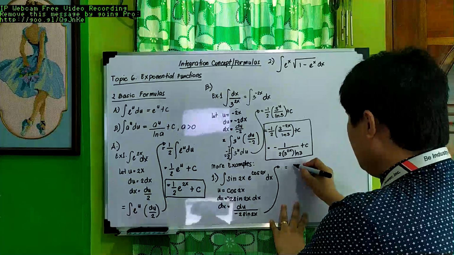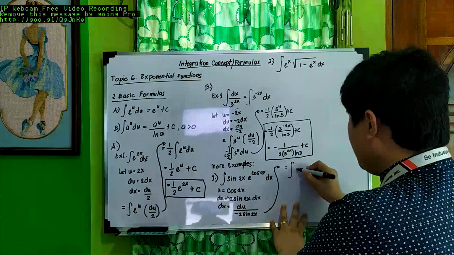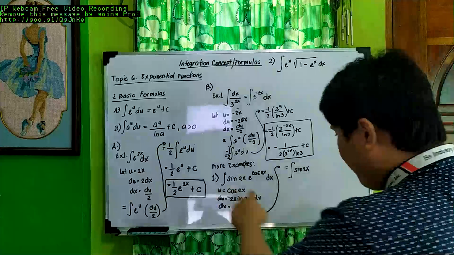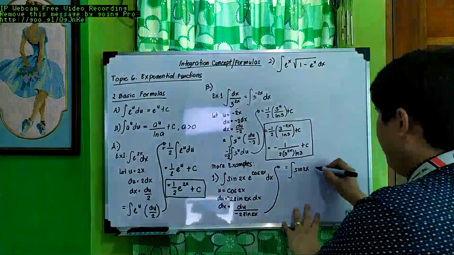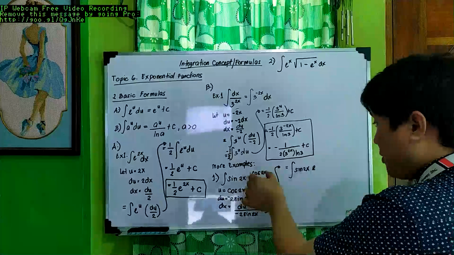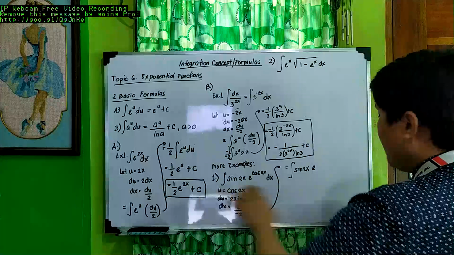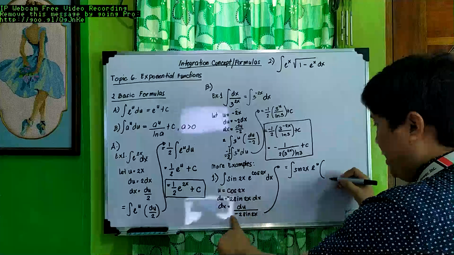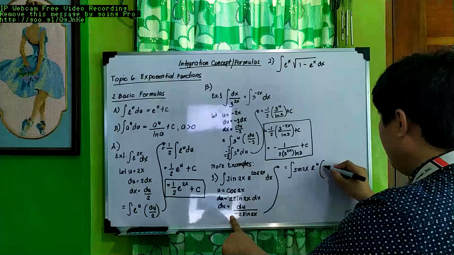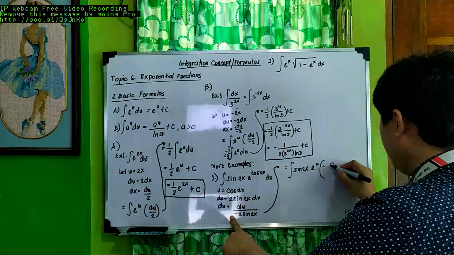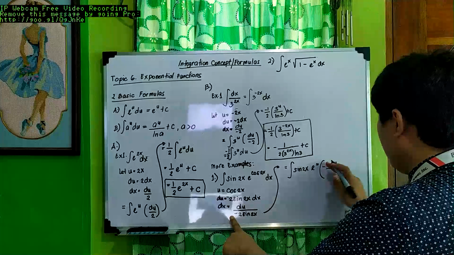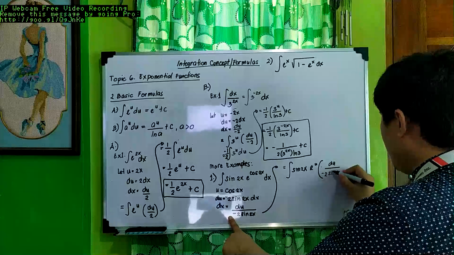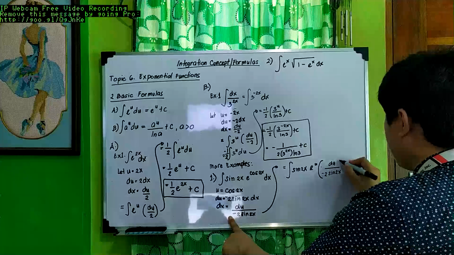So from here, we substitute our given: sine 2x, then we have e raised to the power cosine 2x, which is our u. Very good. Multiplied by your dx. What is our dx? That is negative du over 2 sine 2x.